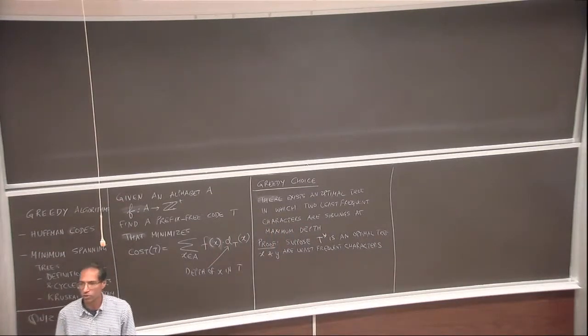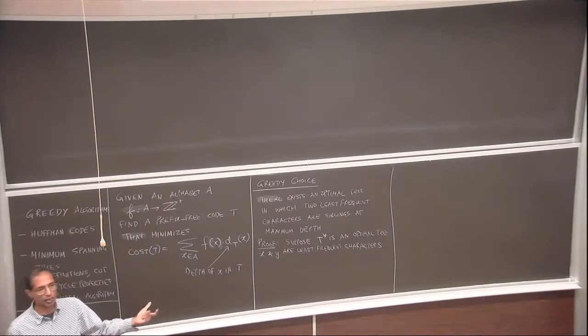What do you want to show? That x and y are siblings at the maximum depth, the lowest level. X and y are siblings in T star. Right? That's what we are trying to show.